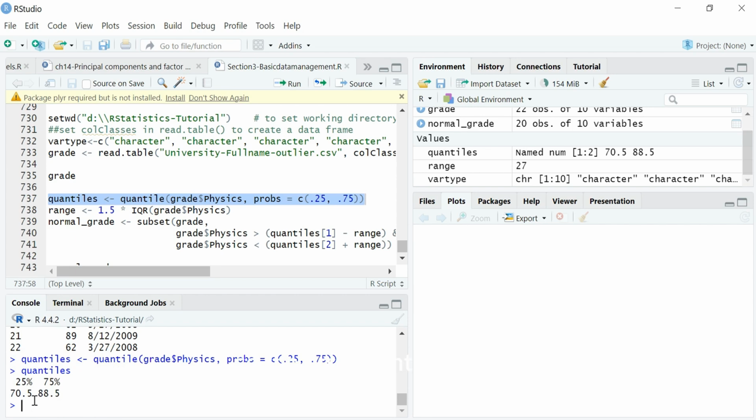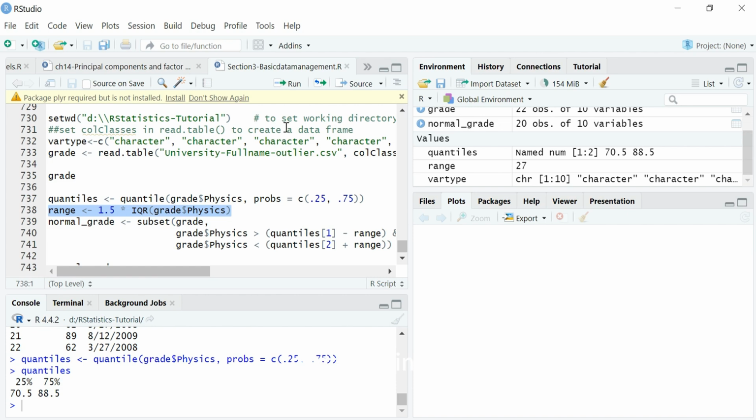So the first quantile, or 25% of the values, is less than 70.5, and the third quantile, 75%, so the grades for physics are lower than 88.5. So next we calculate the range, which is 1.5 times IQR for the physics value.